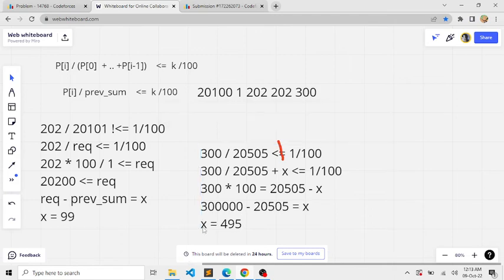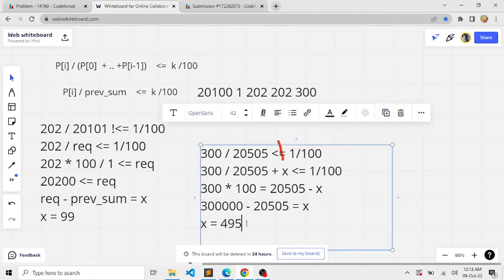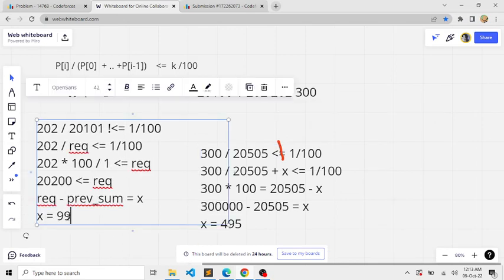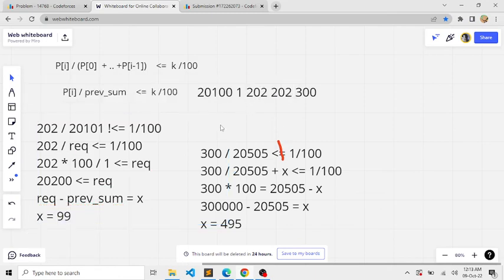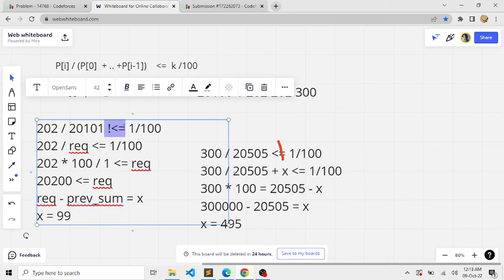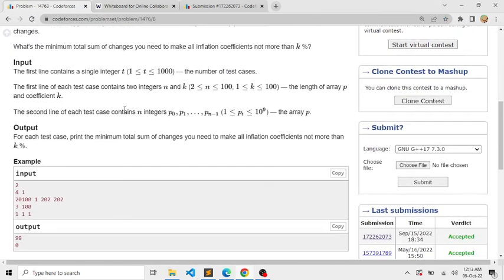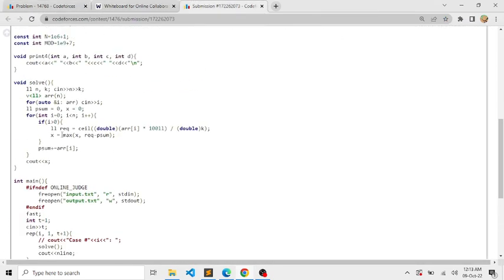But on the other hand, if we take the x value as the maximum, let's say 495, then it will also cover 95 in it, right? So if we take 95 over here, then 95 will also satisfy this condition. So we are taking 495, that is we are going with the maximum value.